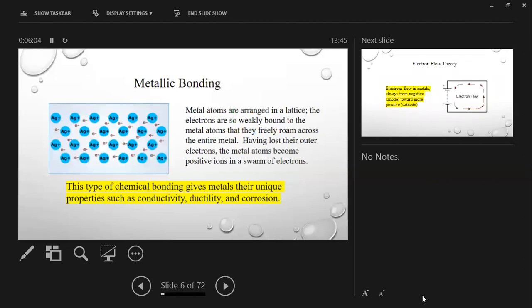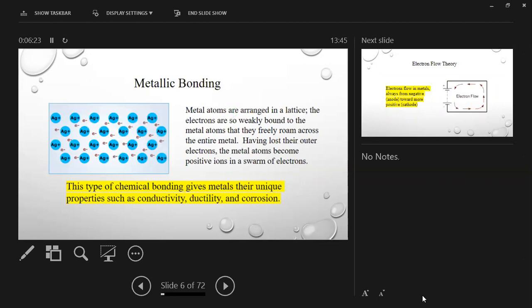Now what's really important here: the previous slide was called covalent bonding. This is a critical slide to understand corrosion. Metal atoms are arranged in a lattice. The electrons are so weakly bound to the metal atoms that they freely roam across the entire metal.